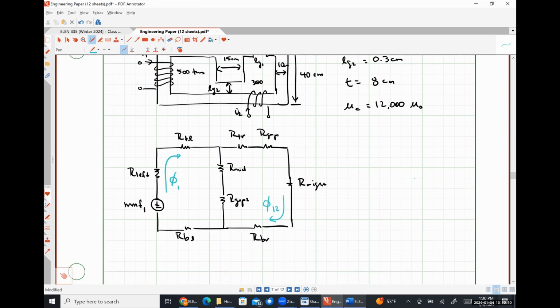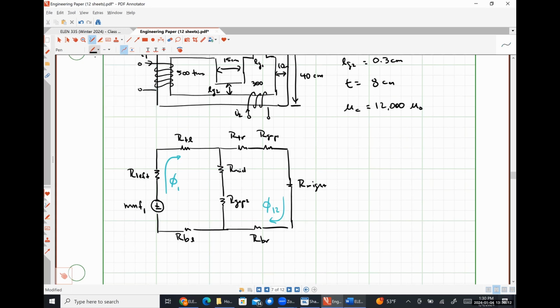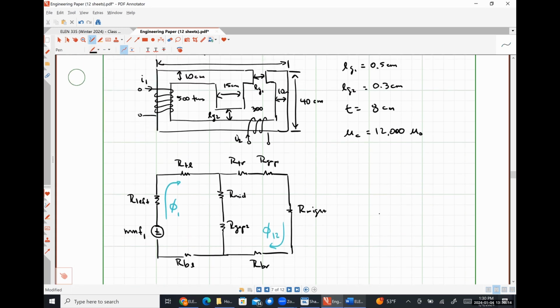Our top left section, our bottom left section, and our bottom right section are all the same size and have the same area, so those are going to be the same. Our left leg and our right leg are going to be equal, and then everything else is its own separate thing.